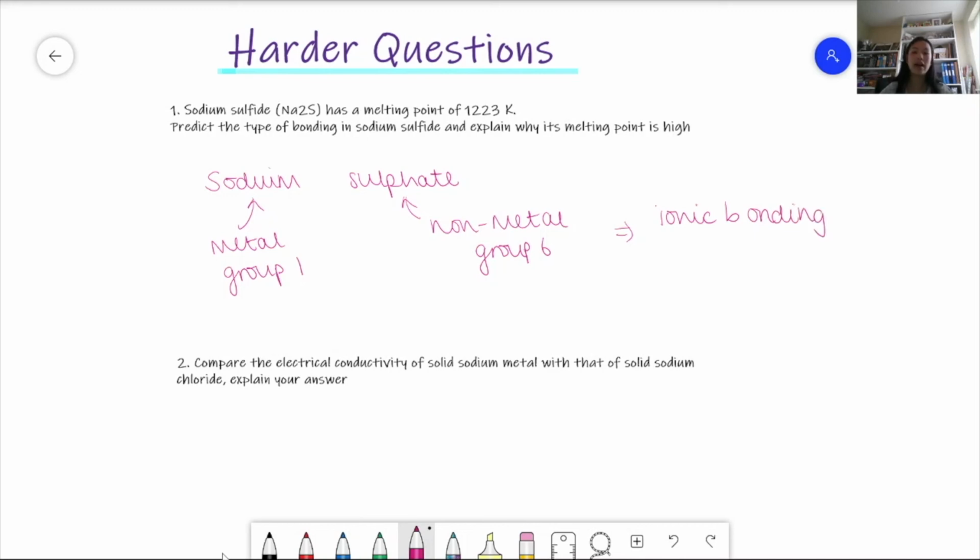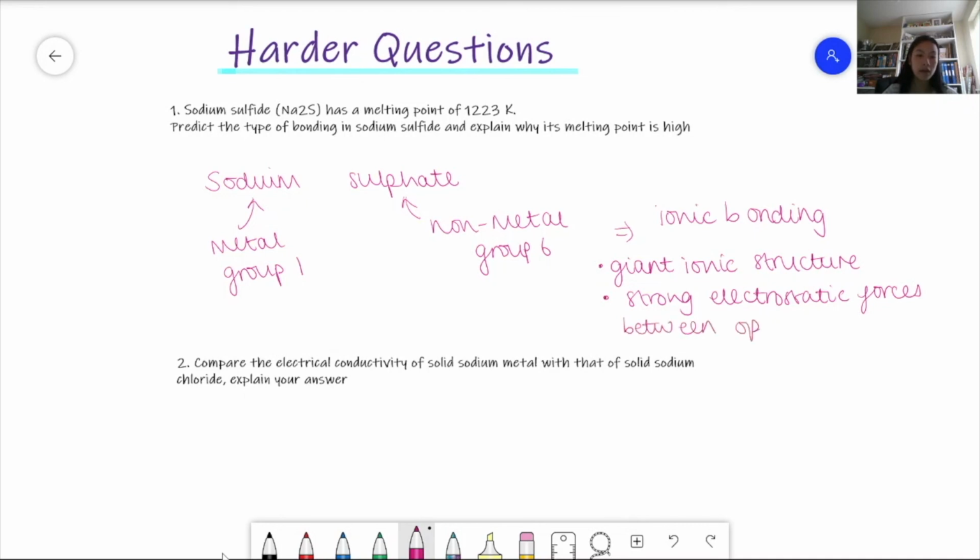Explain why its melting point is so high. So we know that with ionic bonding, we have giant ionic structure. So we have strong electrostatic forces between oppositely charged ions.